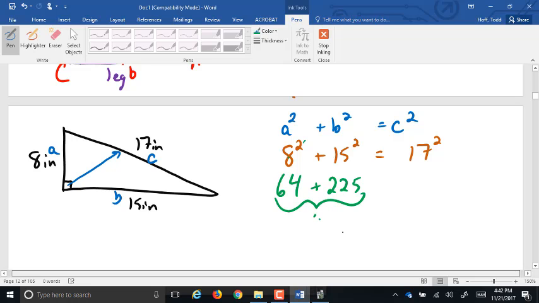That adds up to 289. On the other side, 17 squared is 289. So they are equal. This is a very powerful tool.